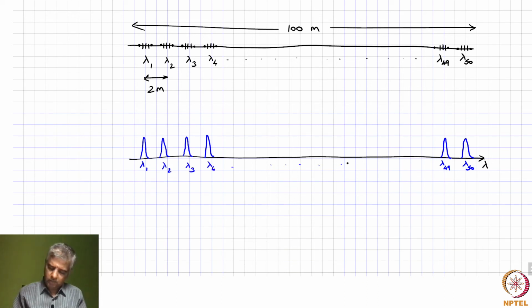So you will have a lot of these grating peaks. If you send in broadband light and look at the reflected spectrum, you will see all these peaks.